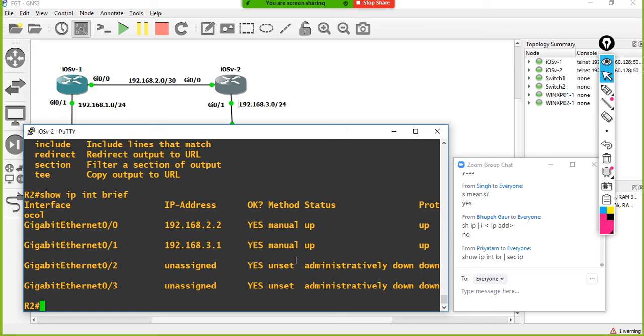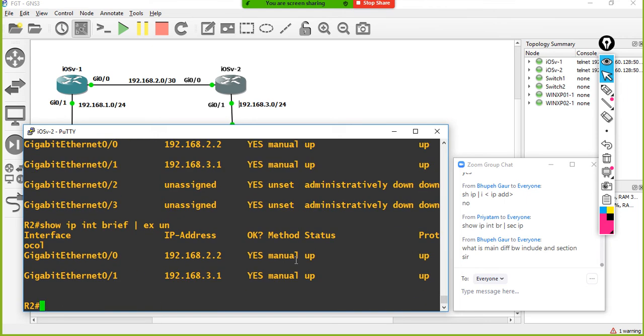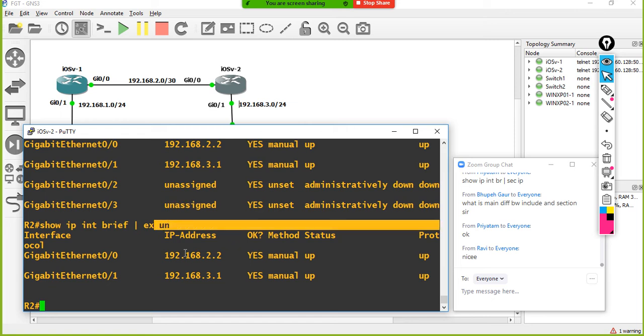But what you guys are trying to do is something else, right? Let's see here. Show IP interface brief, which means what, guys? I am trying to see everything, right? Then I am saying exclude unassigned. Maybe I can see this. See, there are only two interfaces there. I understand. Yeah, exclude unassigned.